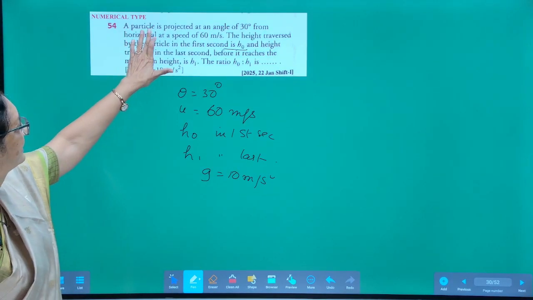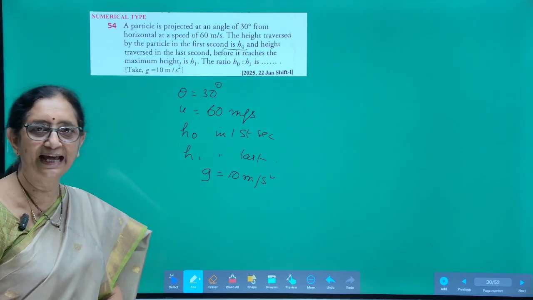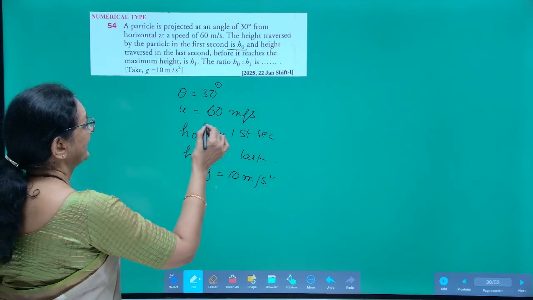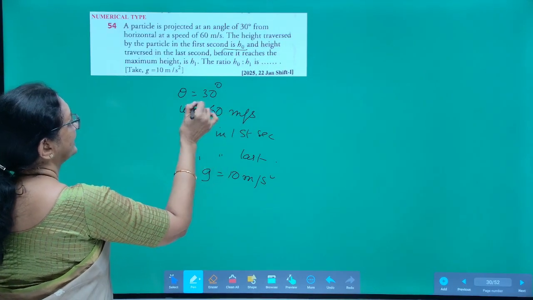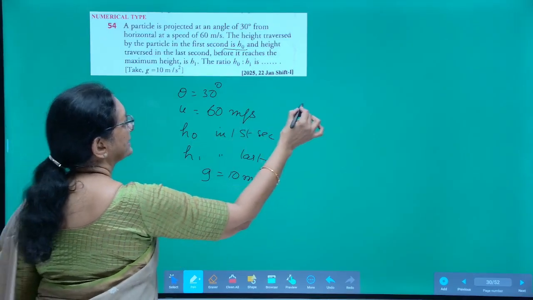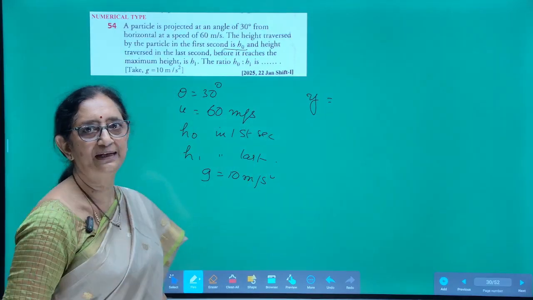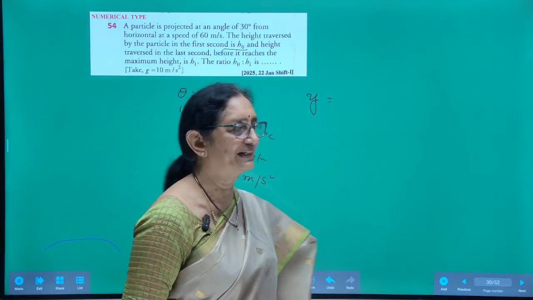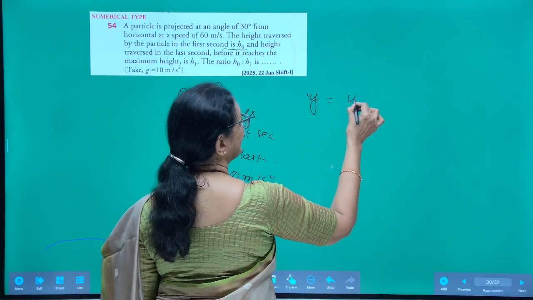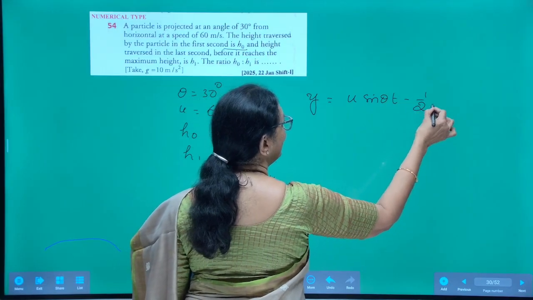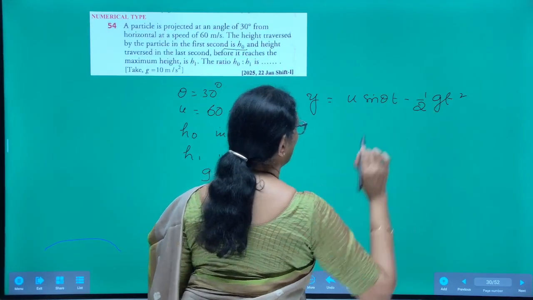So, a particle is projected at an angle 30 degrees from the horizontal. See here, u is given, theta is given. So, height is vertical displacement of the projectile. What is the formula for the vertical displacement? Y is equal to u sin theta t minus half g t square.